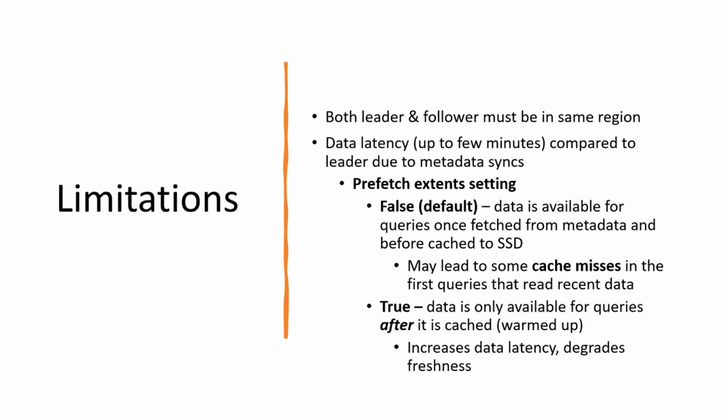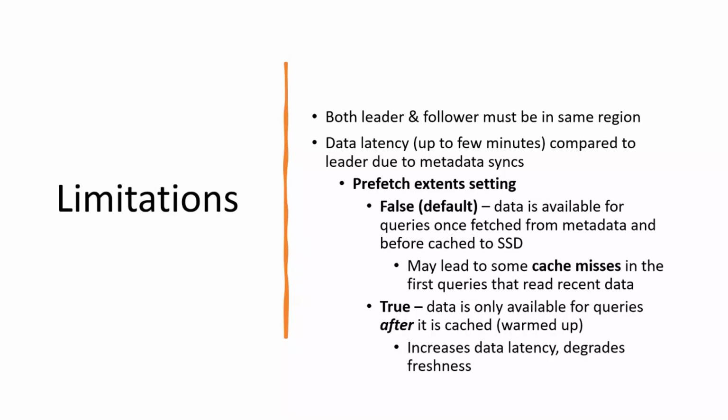There used to be a limitation that there is some latency between the follower and the leader, obviously, because the leader is writing the data and the follower is always trying to catch up. We used to have a prefetch extents setting, which defaulted to false.